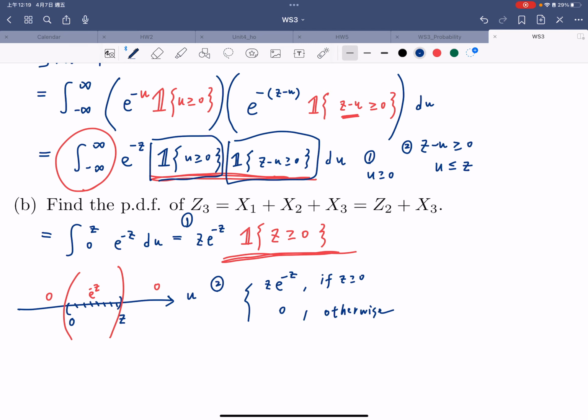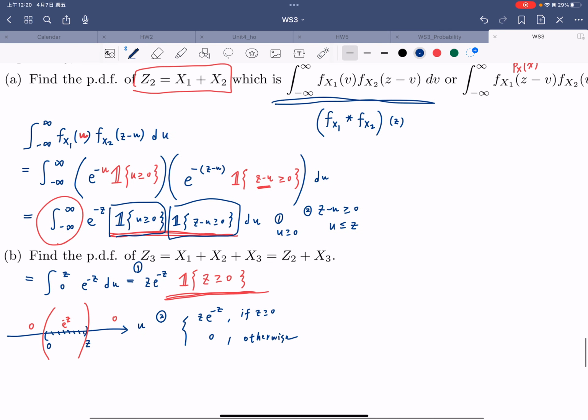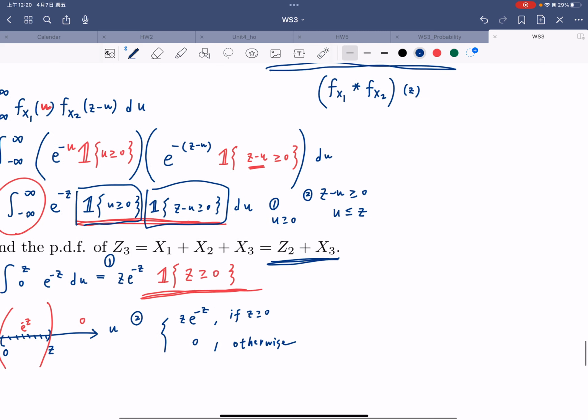And the question B, so let's move on to the question B. Find the PDF of Z3. So Z3 is x1 plus x2 plus x3. And it can also be seen as Z2 plus x3. So we follow the same process.